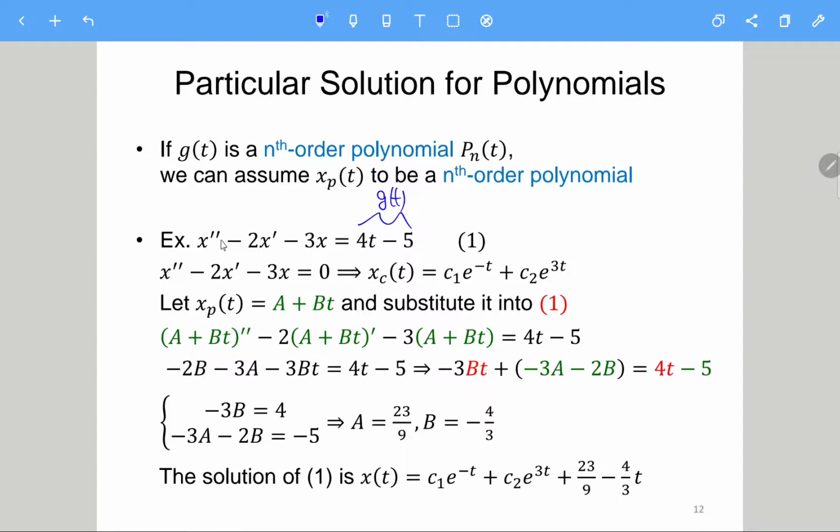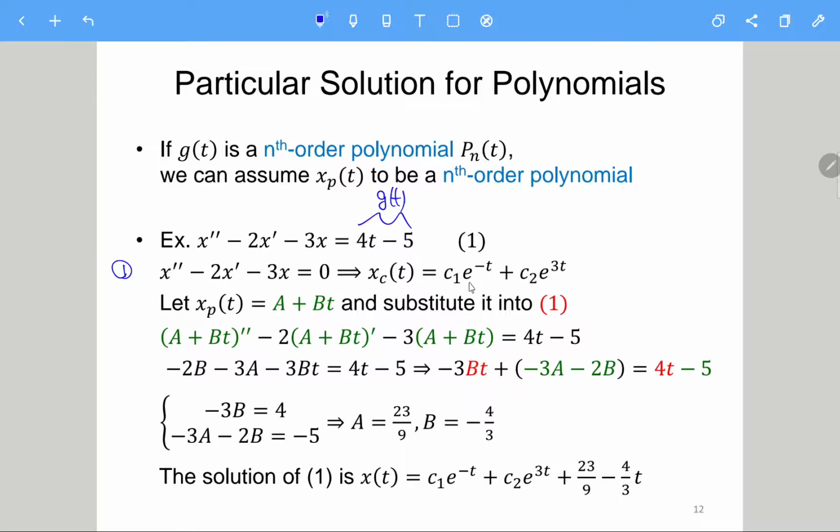The first step is to find the homogeneous solution, which means we just let the right hand side be 0, so that we have x double prime minus 2x prime minus 3x equals 0, which is the homogeneous equation. From this we have s squared minus 2s minus 3 equals 0, and then we can find the roots to be minus 1 and 3 for this auxiliary equation.